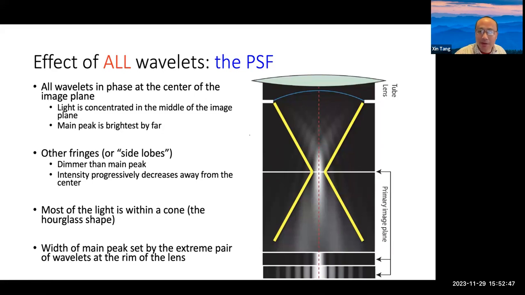If you collect all of it and let it interfere on the imaging plane, then you will get exactly that point in nature mapped to the point on the imaging plane. This is the best we can get, and this is called the point spread function, the PSF.